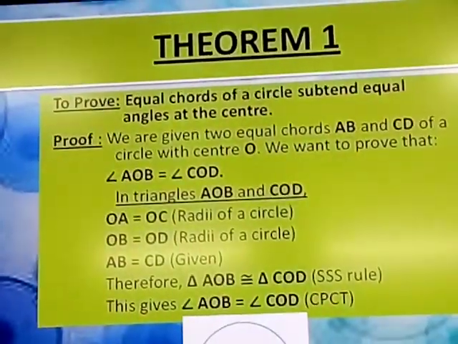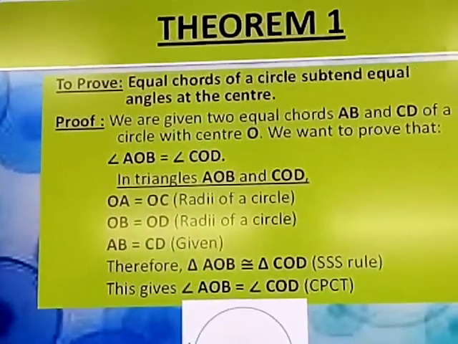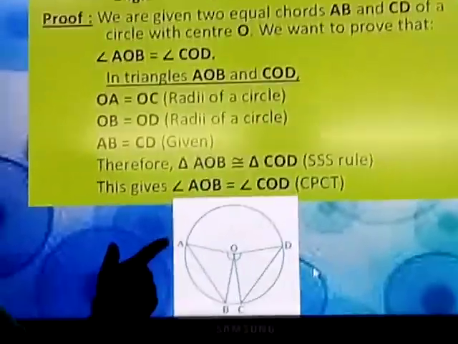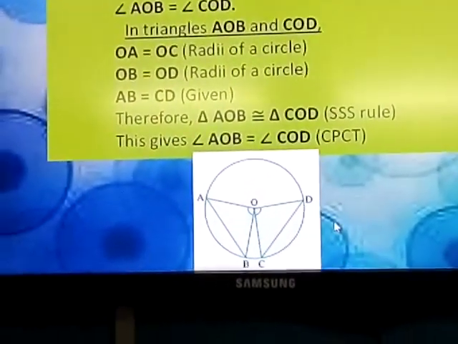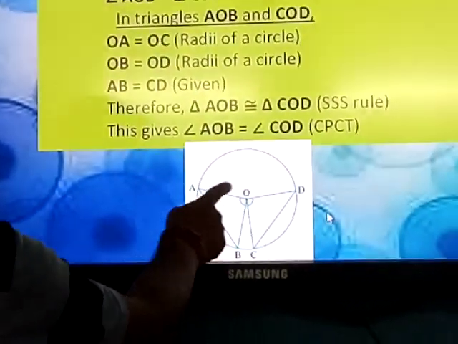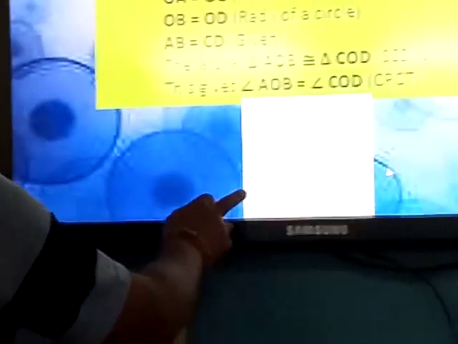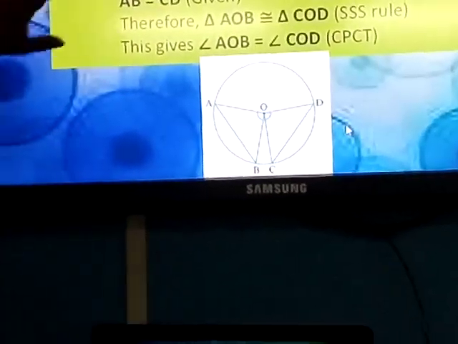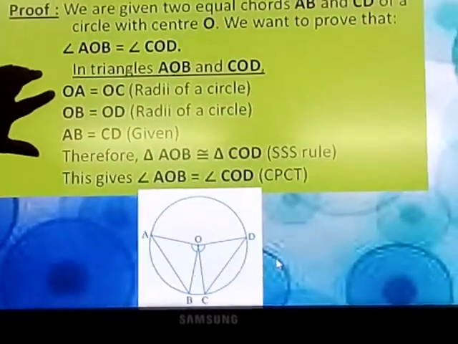To prove: two equal chords of a circle subtend equal angles at the center. Here are two chords AB and CD. Both chords are equal. We wish to prove that angle AOB is equal to angle COD. Then we take two triangles, AOB and COD. Here OA is equal to OC, these are radii.